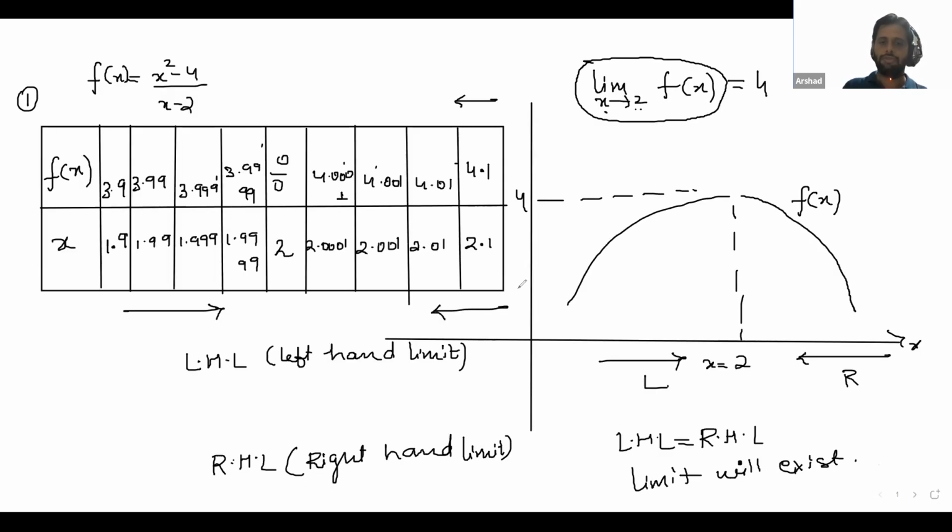I hope you understood 40 or 50% of this part. If anyone wishes, you can note down this graph and this table. After this, please raise your hand so that we can try some questions on the basis of this concept.